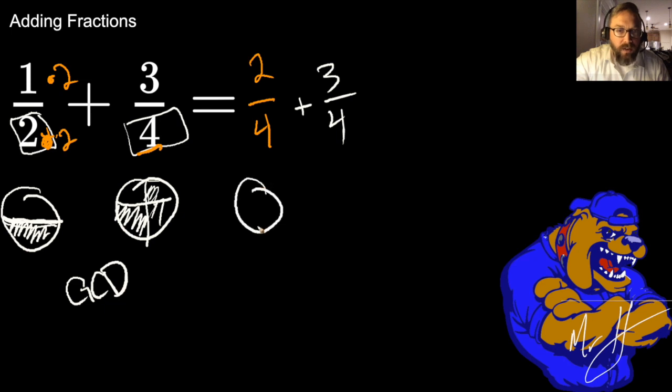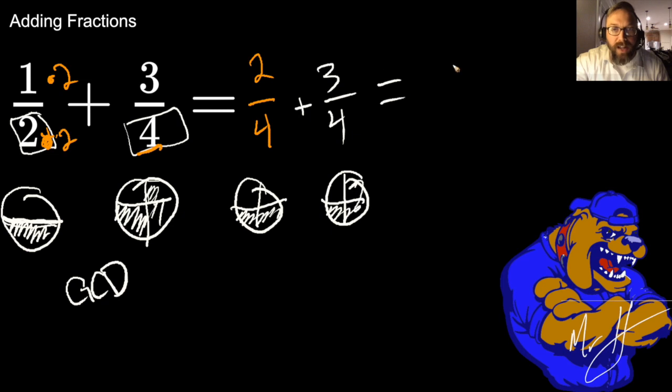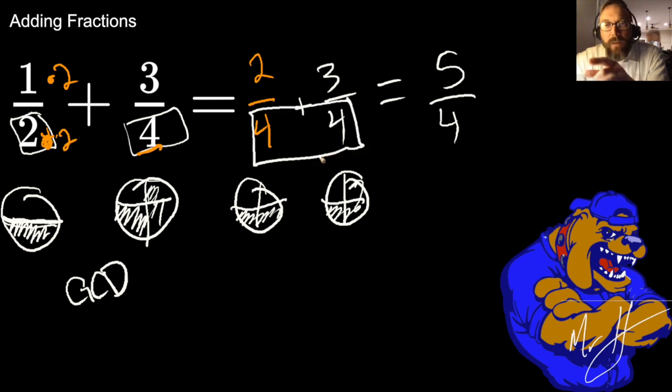And now remember, that is still the same values. But because we now have them in like positions, we can easily add them, and we see 5/4. Now, the reason I wanted to draw this out for you is because this is very much like adding like terms. We have to have the same piece before we can actually do anything with them.